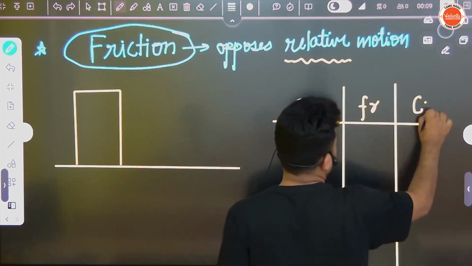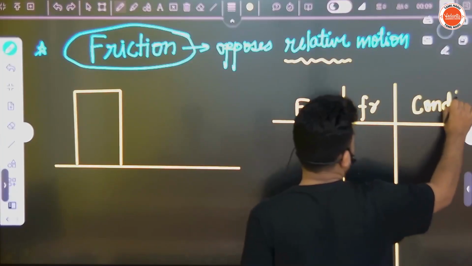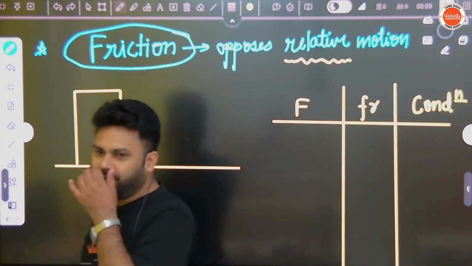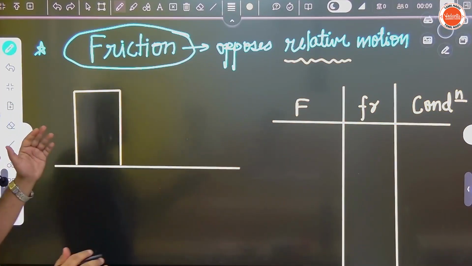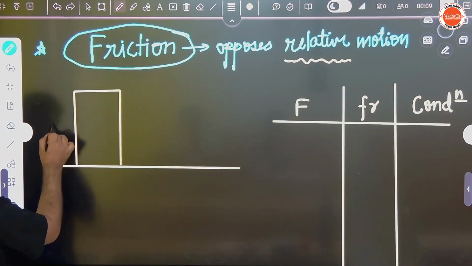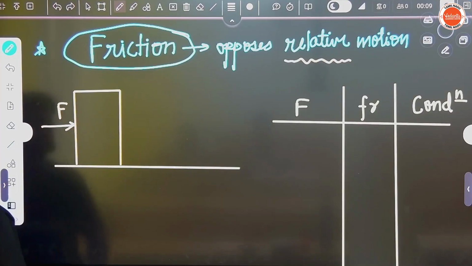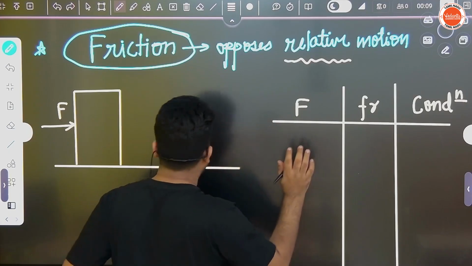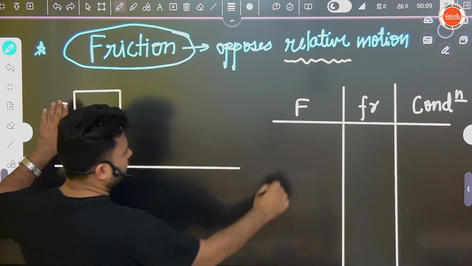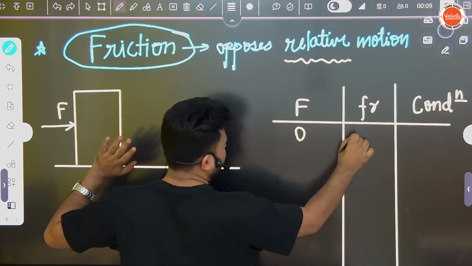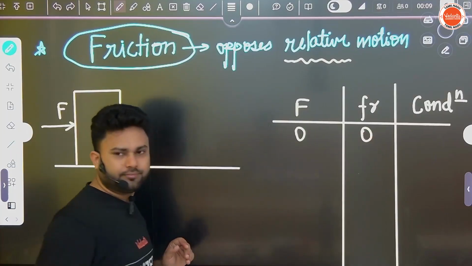And this is the condition of the object. So suppose this is a very heavy mass, some almirah kind of thing. Suppose you applied some force from here, you tried to push. Suppose initially there is no force, so friction is also 0.